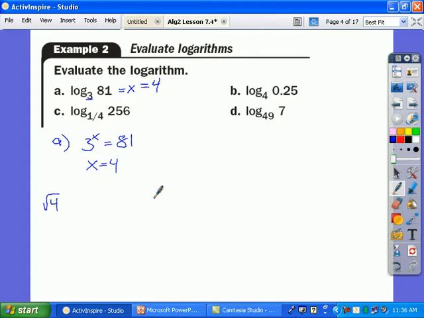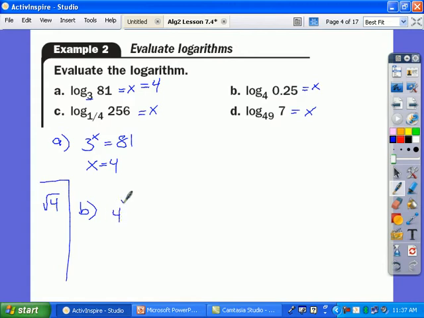All right, let's do part B. So log base 4 of 1/4. I'll write that 0.25 is 1/4, and let's say this equals x, just to help us call this out. So log base 4 means 4 is going to be our base, x is going to be our exponent, and 0.25 or 1/4 is what this equals.